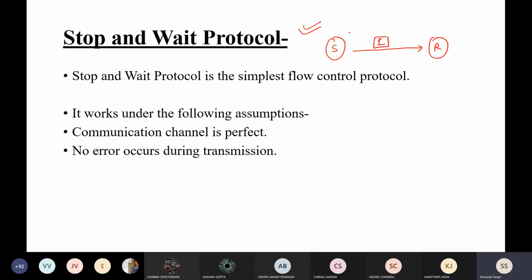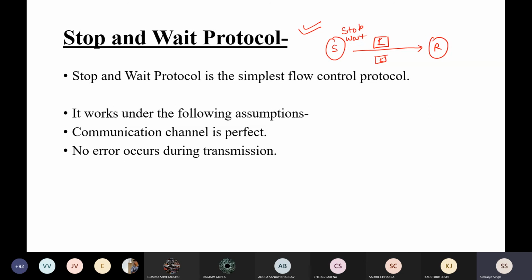The sender will wait for the acknowledgement from the receiver. When the acknowledgement comes, it will send the next packet and wait for the next acknowledgement. So that is the simplest method.